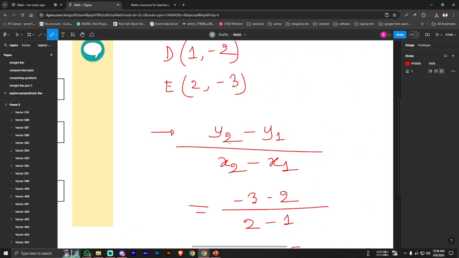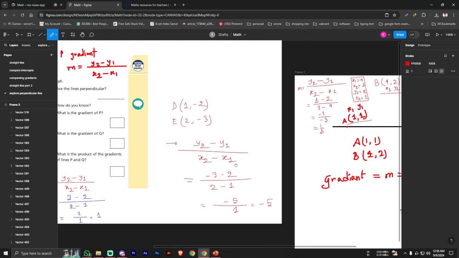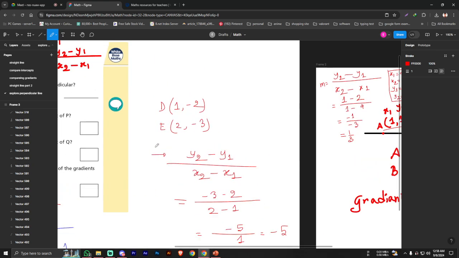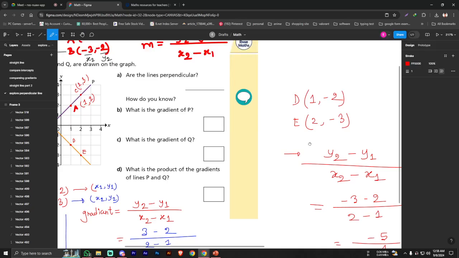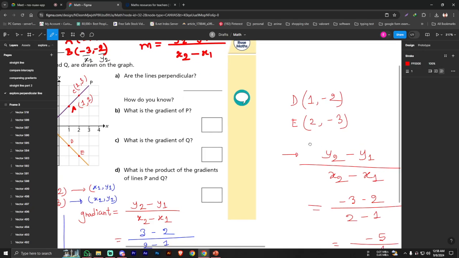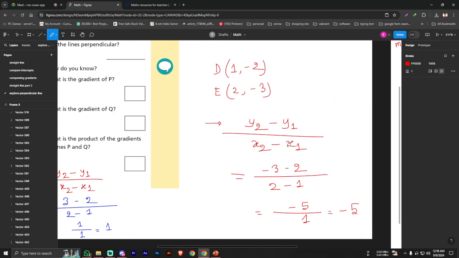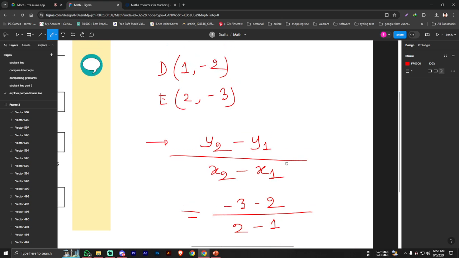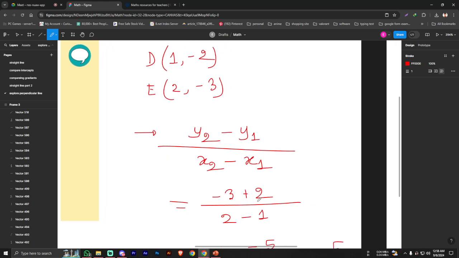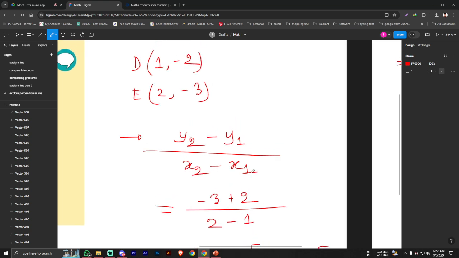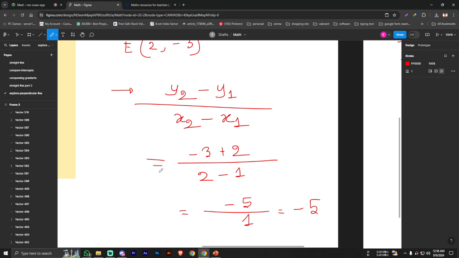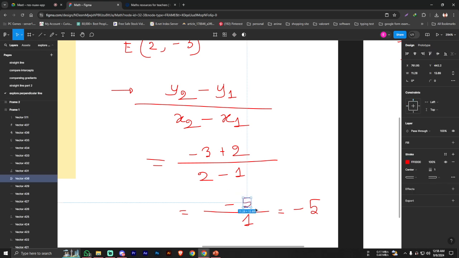Okay, let me just check what I did wrong here. 1 minus 2, 2 minus 3. There's no problem. Oh, sorry, I did the calculation wrong here. So the calculation should be modified and the answer is the same, minus 1.